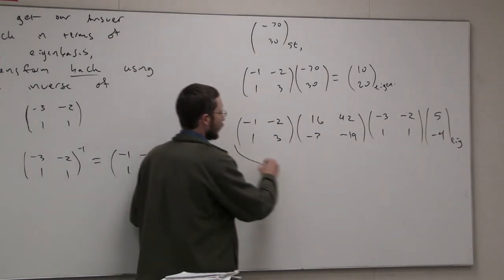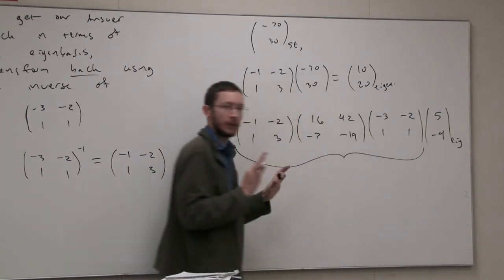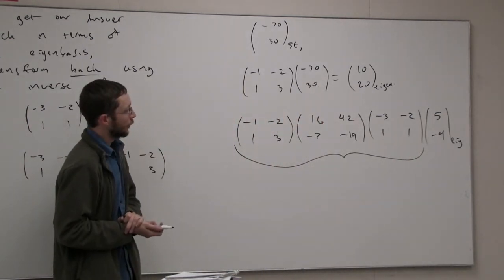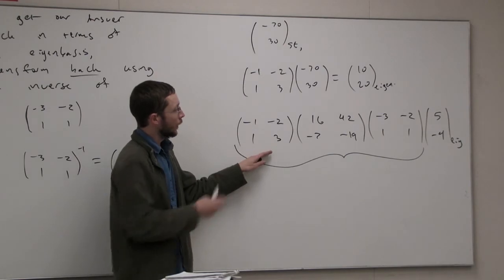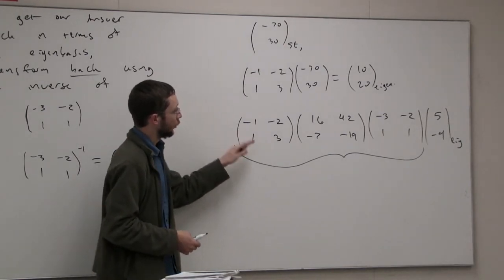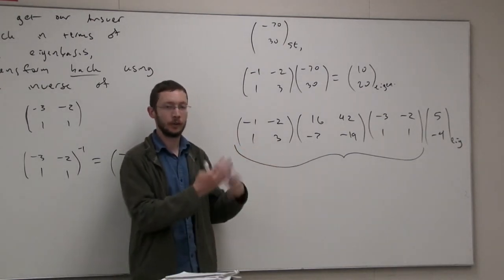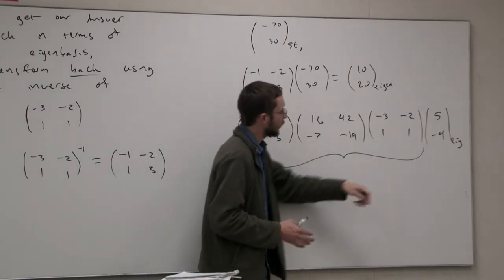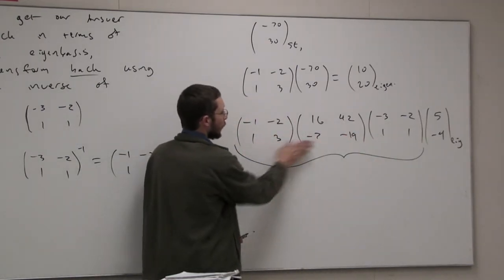We basically treat this thing as a single linear transformation. And so we can just multiply all this stuff out, right? Matrix multiplication we know is associative, so it doesn't matter what order you multiply these things in. So you can just start multiplying from left to right.